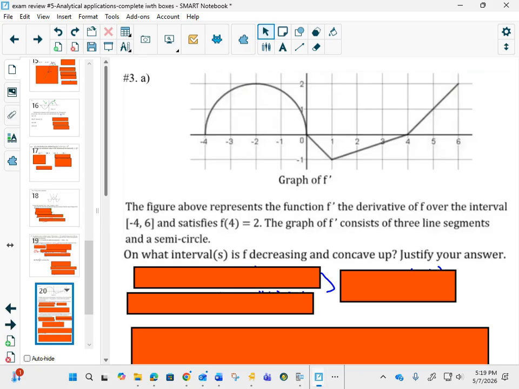Graph of f prime. The figure above has f prime, the derivative of f from -4 to 6, so we know that f is continuous. f of 4 is 2. On what intervals is f decreasing and concave up?